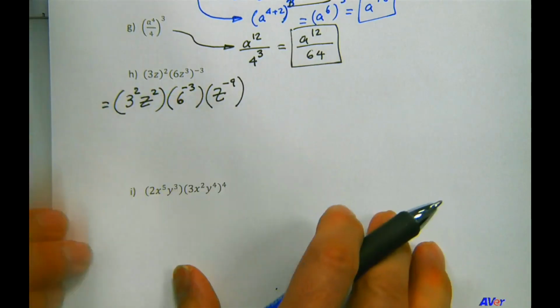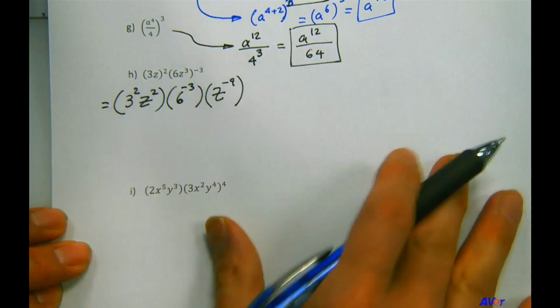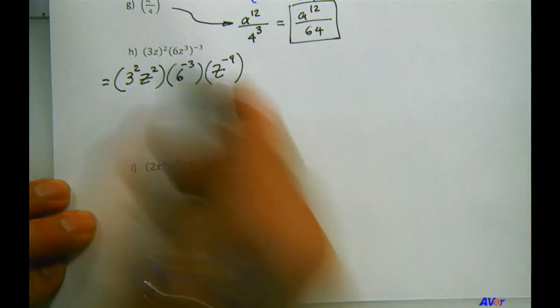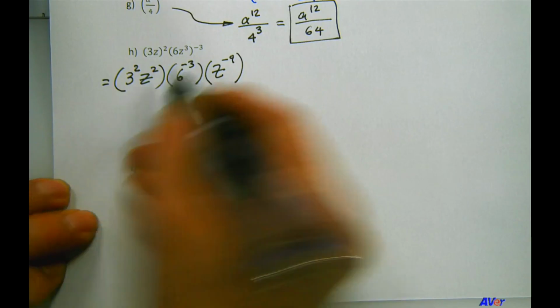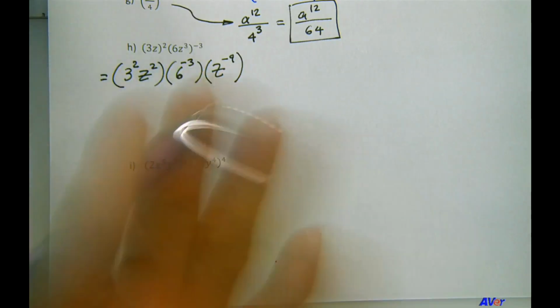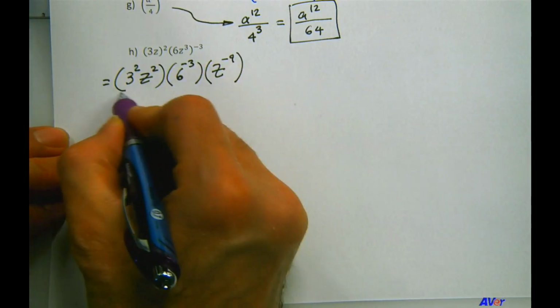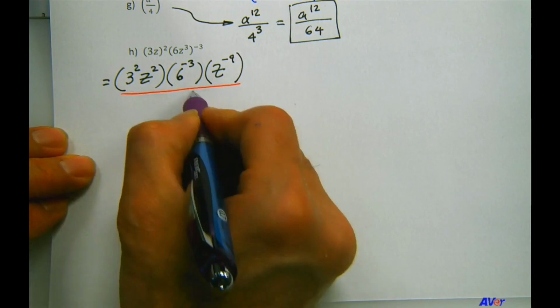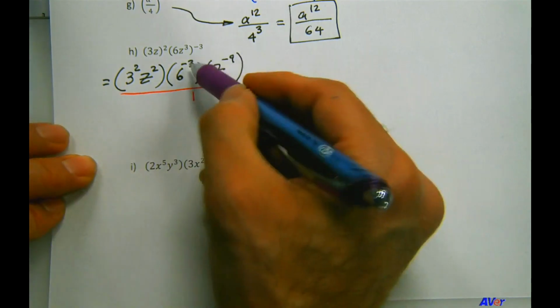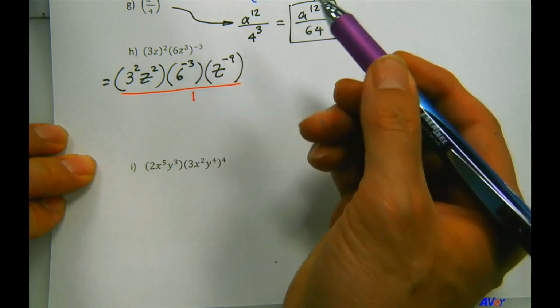You shouldn't, because you have negative powers and you have 3 squared, which you need to simplify anyway. Notice right now, it's not on the page, but the denominator of this expression is 1, right? So anything with a negative power, you can send to the denominator and make the power positive.